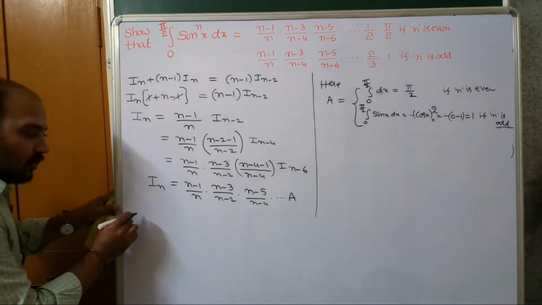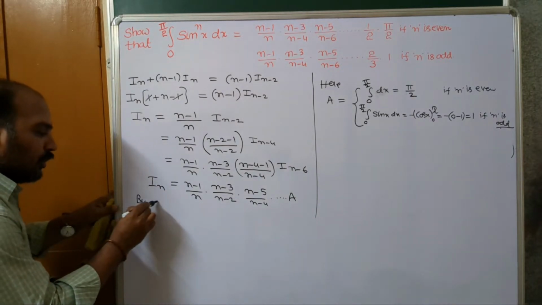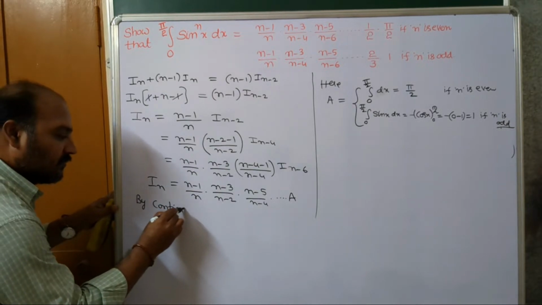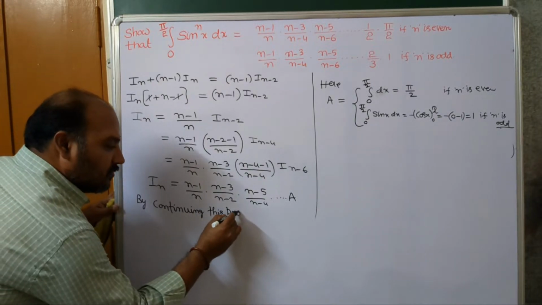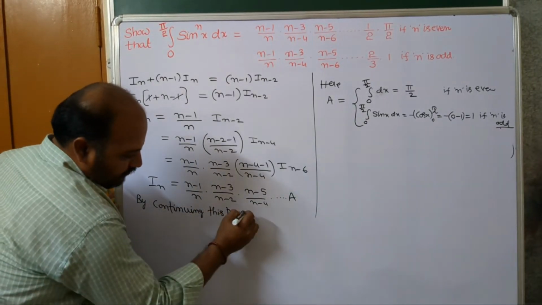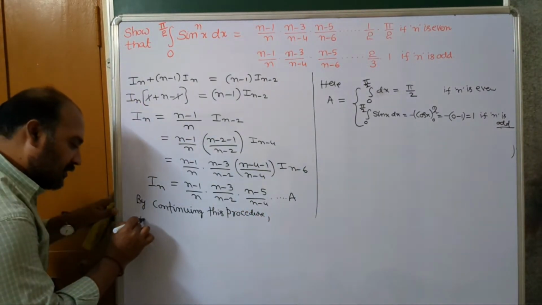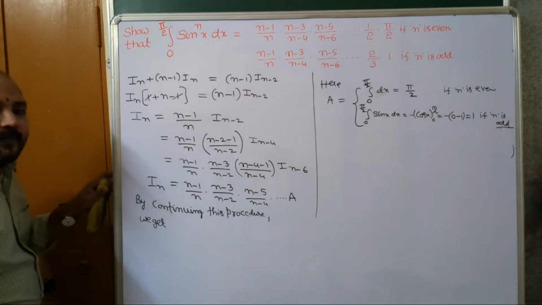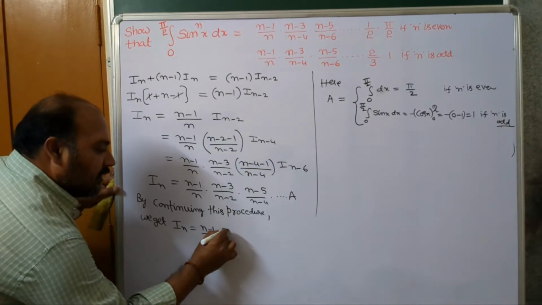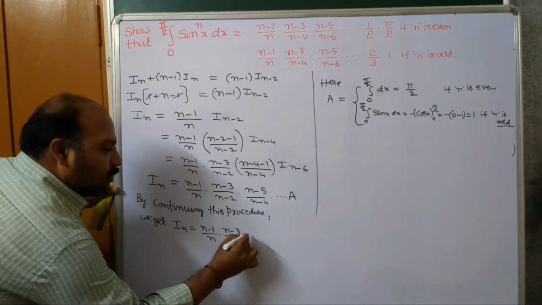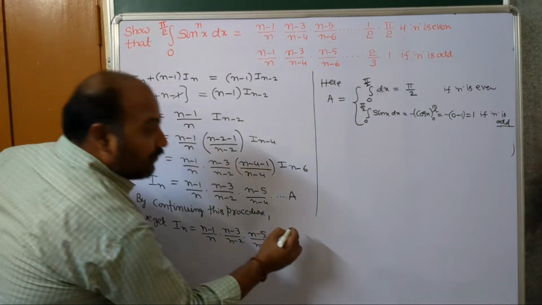So we conclude that by continuing this procedure, we get In equal to (n minus 1) by n into (n minus 3) by (n minus 2), (n minus 5) by (n minus 4) into, and so on, pi by 2.